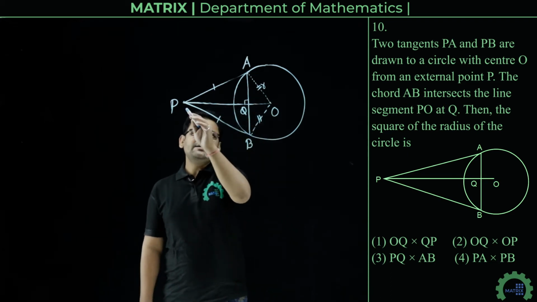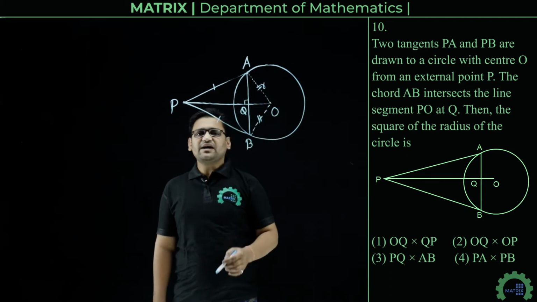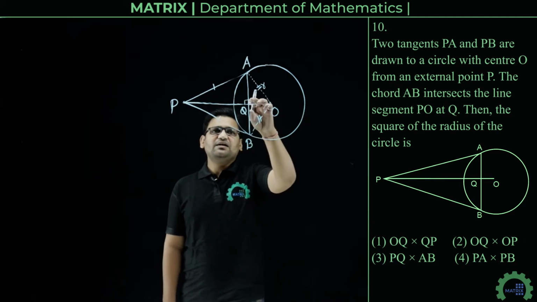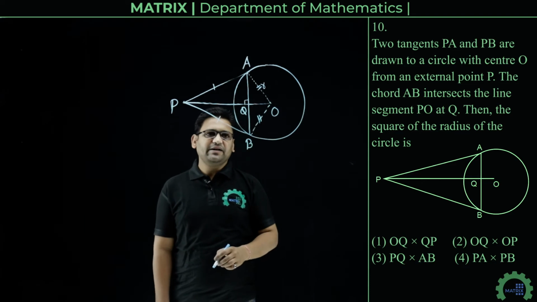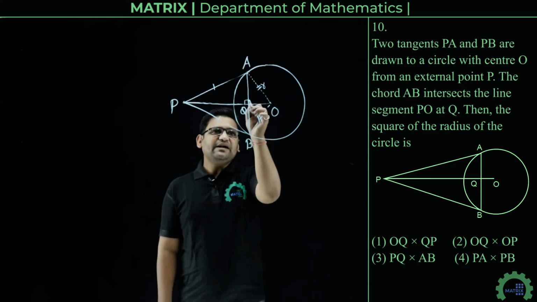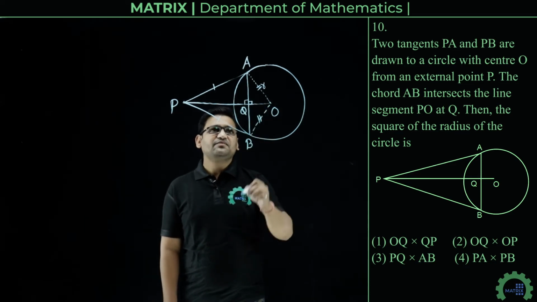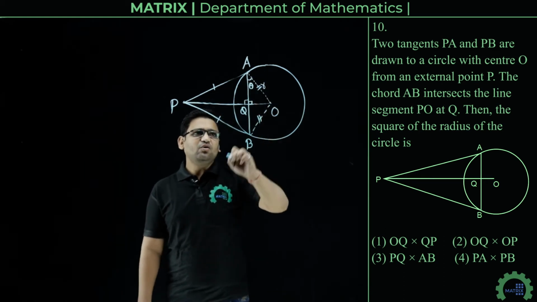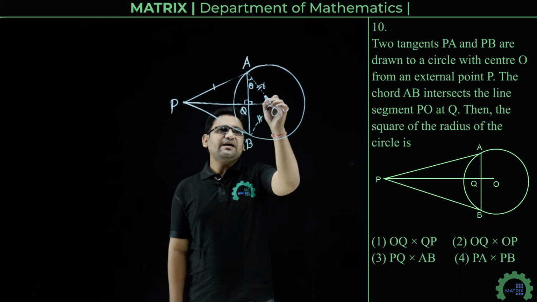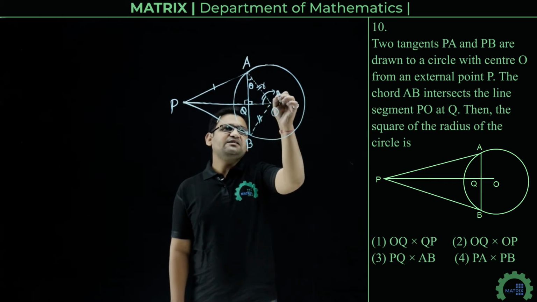So from here we can say that PBOA is a kite, and we know that the diagonals of a kite are perpendicular to each other, so this angle will be 90 degrees. When this angle is 90, this angle will also be 90. Let's say angle QAO is theta, then this angle will be 90 minus theta.